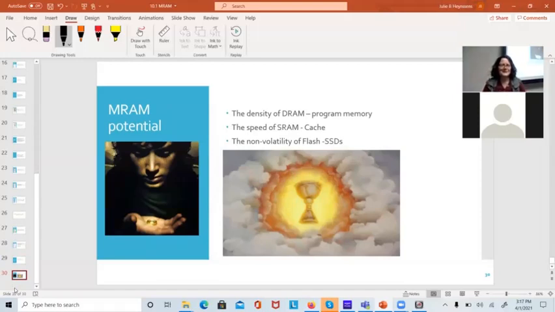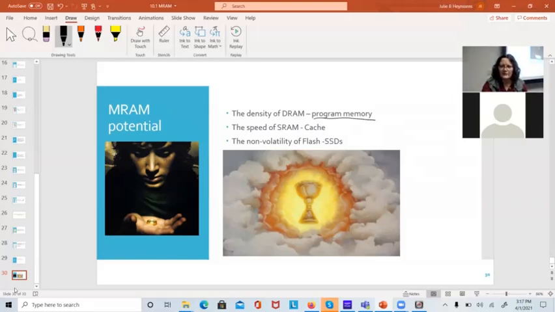We have the potential, you've got to see the slide. It's pretty good, we have the MRAM potential. What can it be? If it has the density of DRAM, if I can get enough cells in a small enough space, I can use it for programming memory.